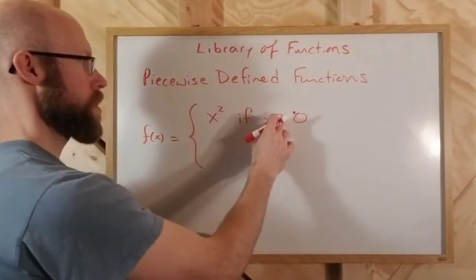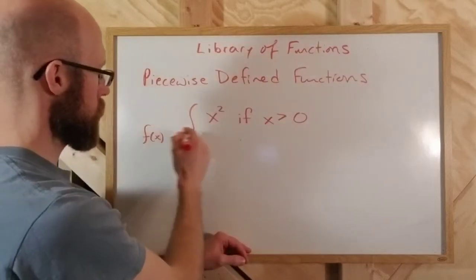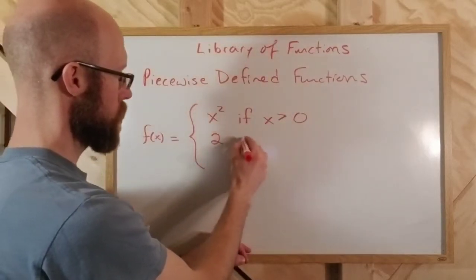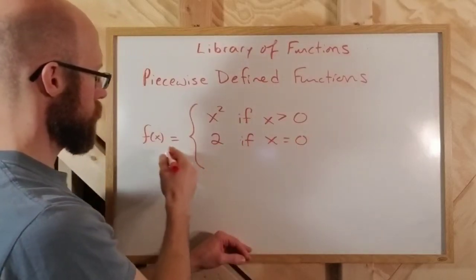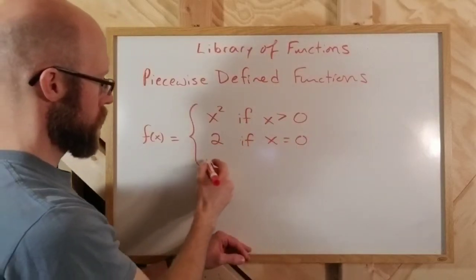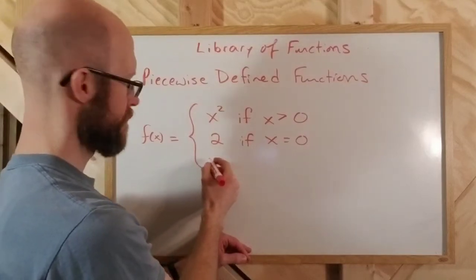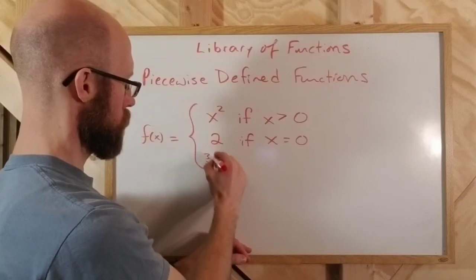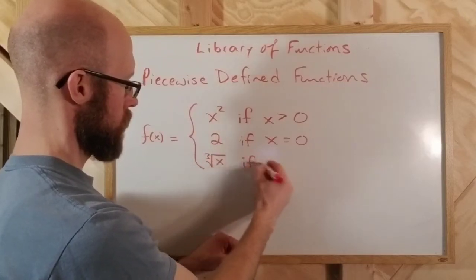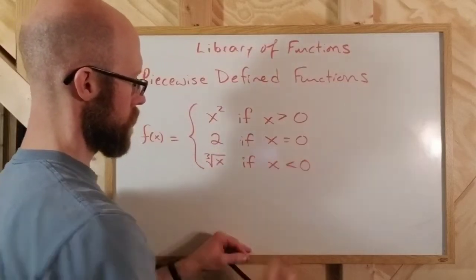Actually, let's just go greater than 0. Let's say the function is 2 if x is equal to 0, and let's say f of x is maybe the cube root of x if x is less than 0.